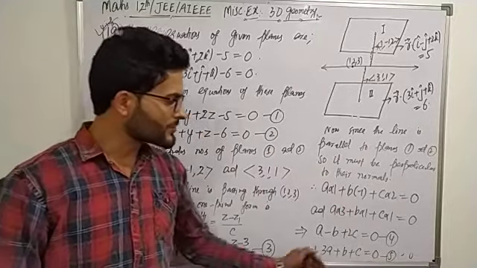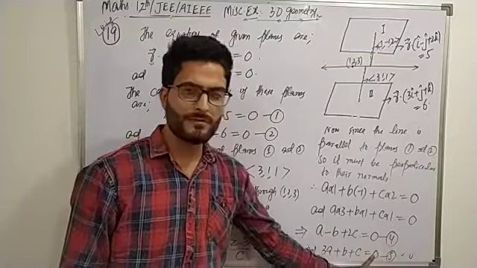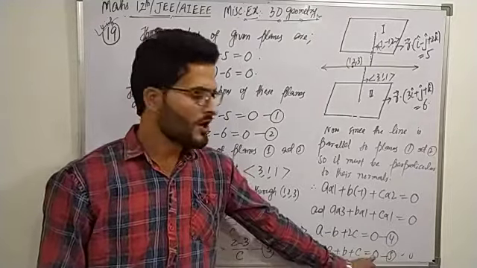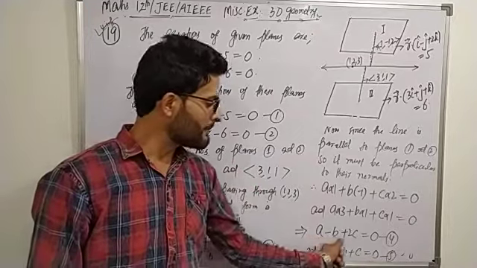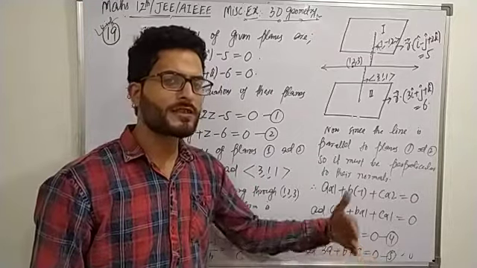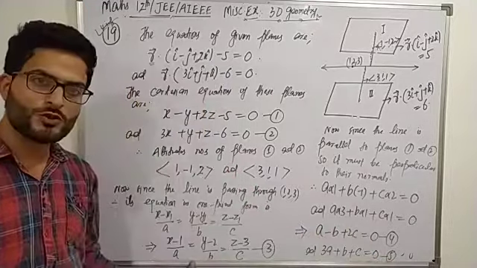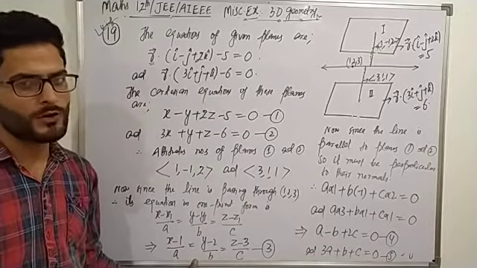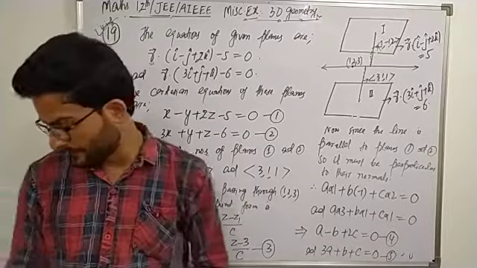Now we are going to solve equations 4 and 5 by the cross multiplication method, so that we can find the values of a, b and c. When we get the values of a, b and c, we will substitute them here, so we will get the equation of the required line.